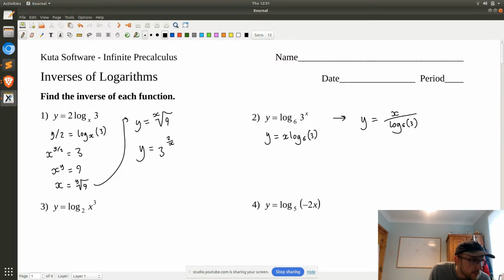But this one, well, okay, that's strange. So they say log base 3 of 6 to the x. So I understand that you could put that in front there like that.